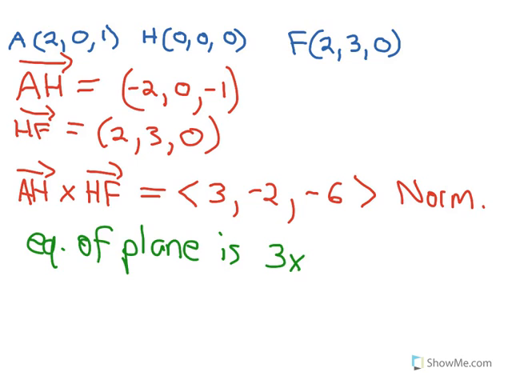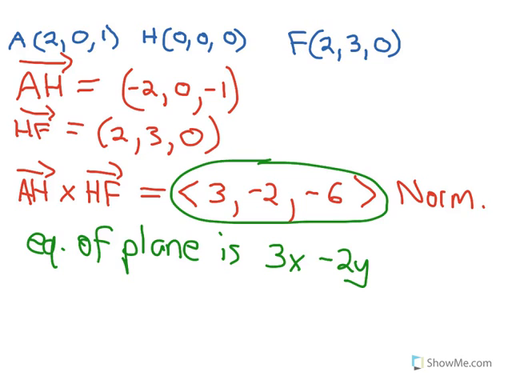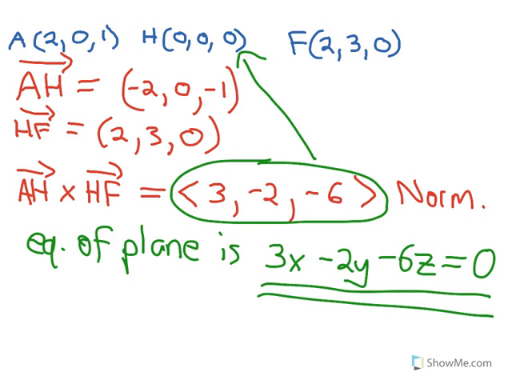So 3x, it's really 3x minus 0, but we don't write the minus 0. Minus 2y minus 0. Again, we won't write the 0, and the reason it's minus 0 is because we're using this normal vector and we're using the coordinates of H right here. And the last part is minus 6z, and we set that equal to 0. So we've got our equation of one plane here.